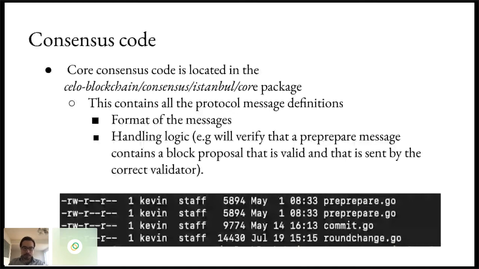And once a validator has received that pre-prepare message, it will send out a prepare message, and then transition itself to the pre-prepared state. And again, these files basically contain logic for all of that.